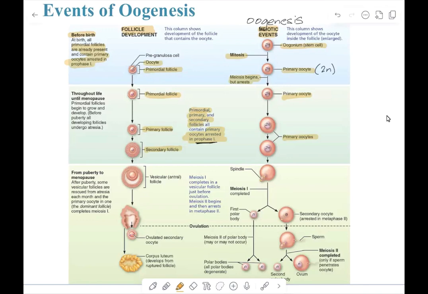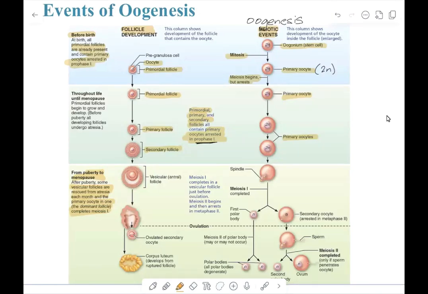So now from puberty to menopause, each month there is going to be one follicle that is rescued from atresia each month, and that primary oocyte is going to be housed by the dominant follicle. So atresia means programmed cell death, basically.